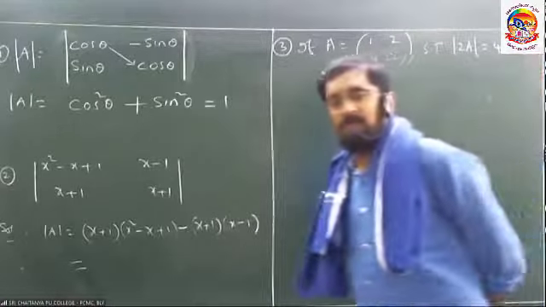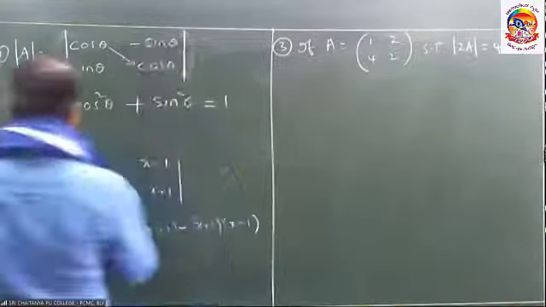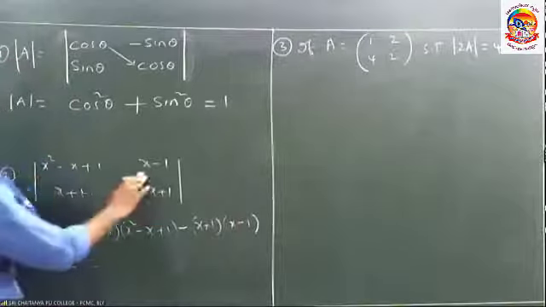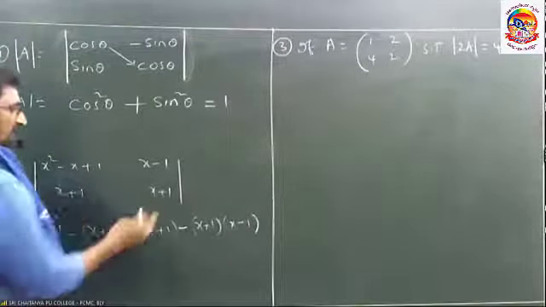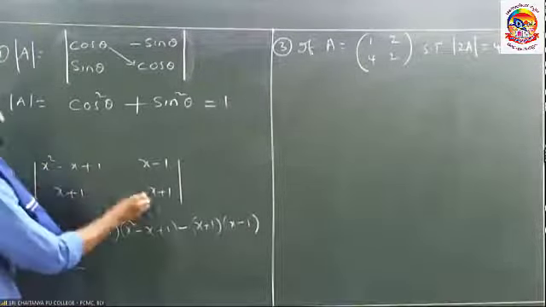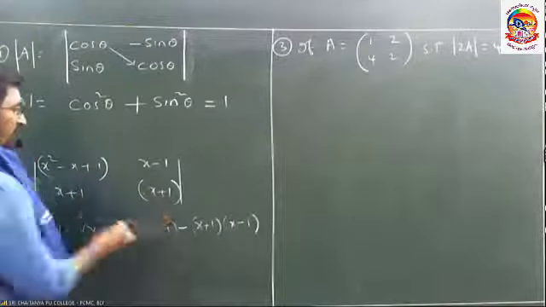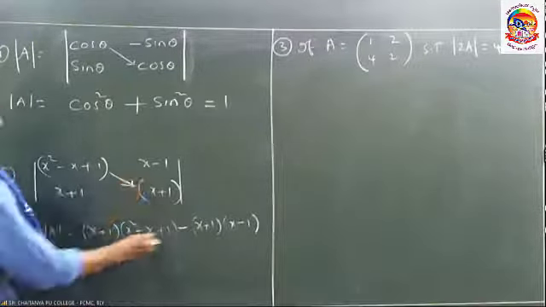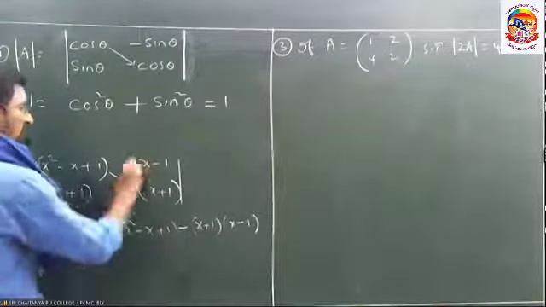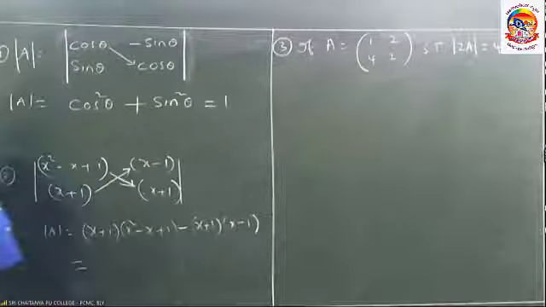And here, observe A, B, C, D. This is A, B, C, D. Nothing is here. AD, this element into this element, AD minus BC. Right?